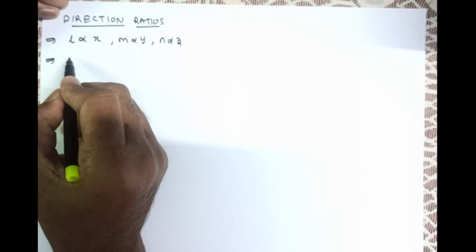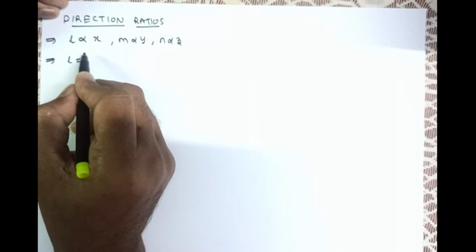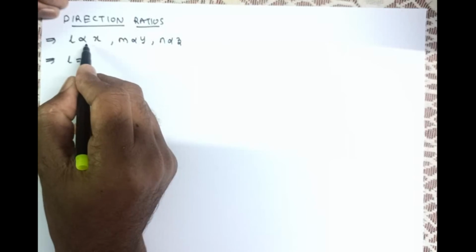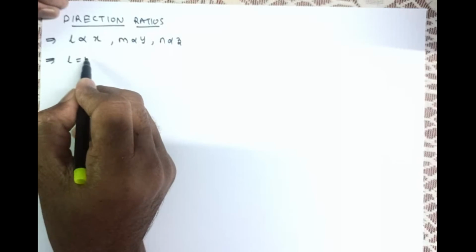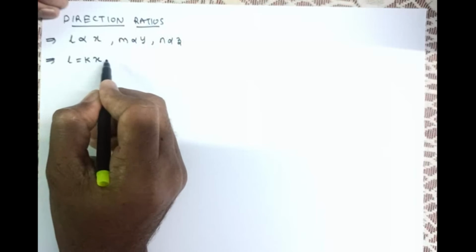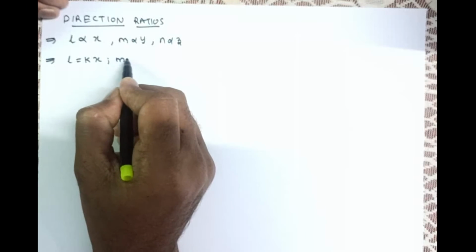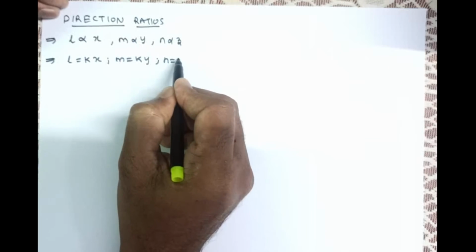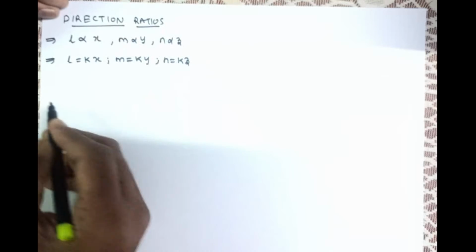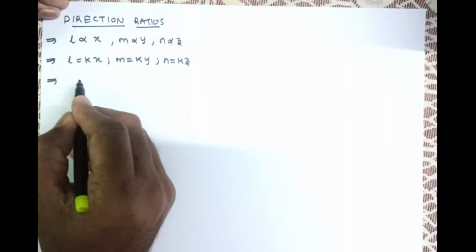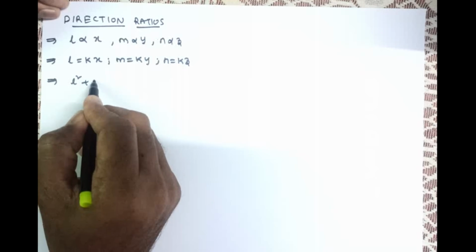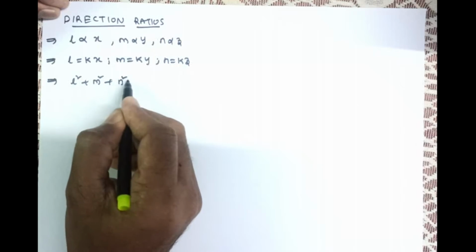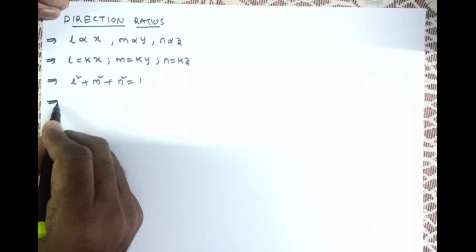So if you take out this proportionality, then l is equal to k into x, m is equal to k into y, and n is equal to k into z. We have the identity l square plus m square plus n square is equal to 1.